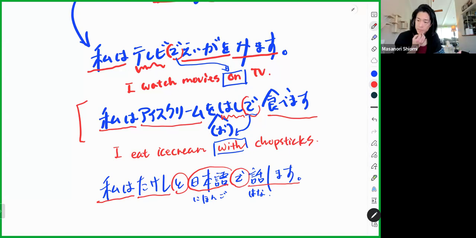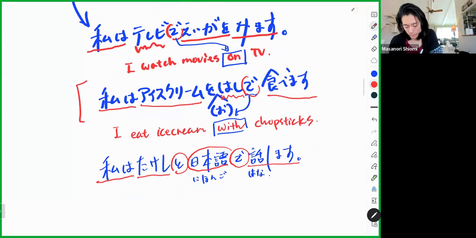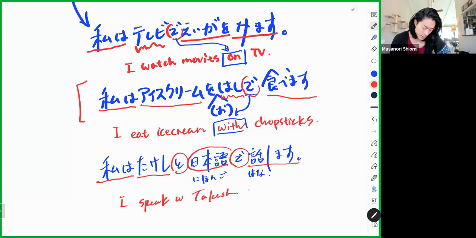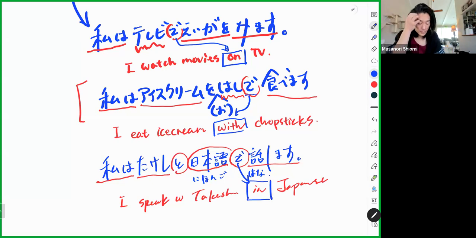What would be the best, maybe natural translation? I speak with Takeshi in Japanese. Right? So this one too. The appropriate translation there is translated as "in." Okay.